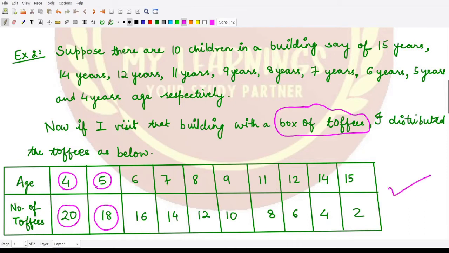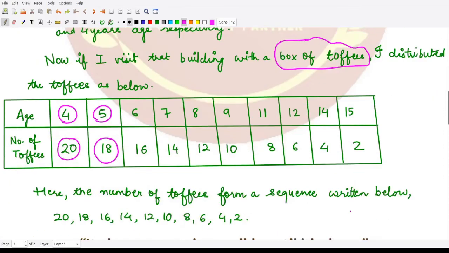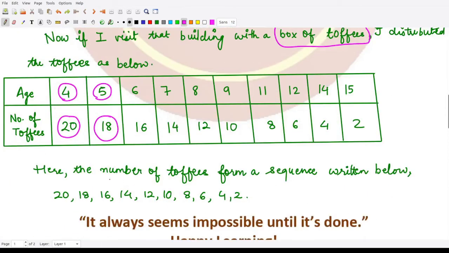So this table suggests that to the children of different ages mentioned in the first row, I have distributed these many toffees.